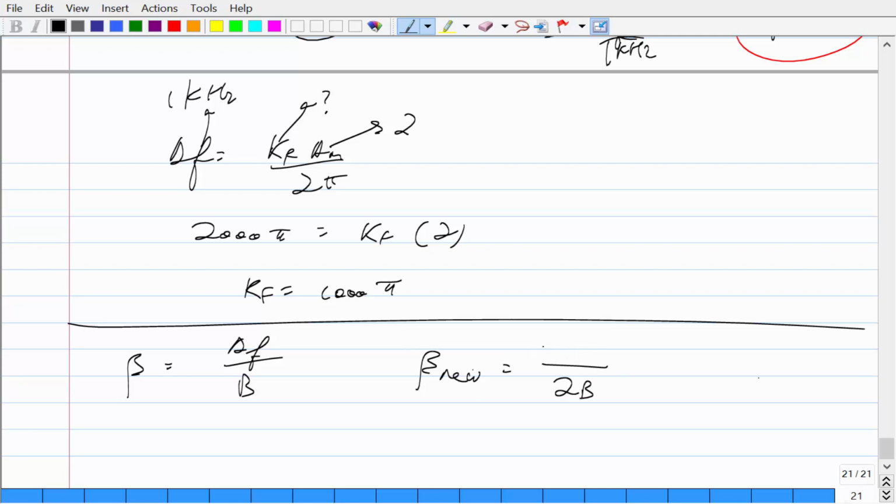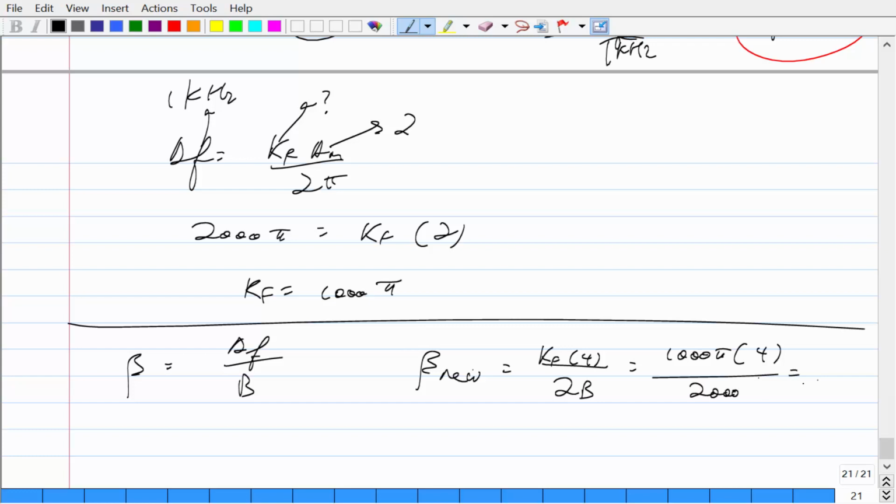So this becomes K_F, and this is 4. So this is 1,000 pi, times 4, divided by twice the bandwidth, which was 1 kilohertz, so 2,000.